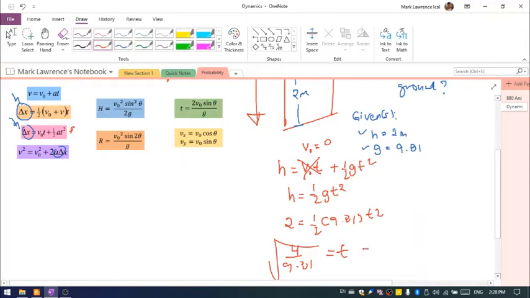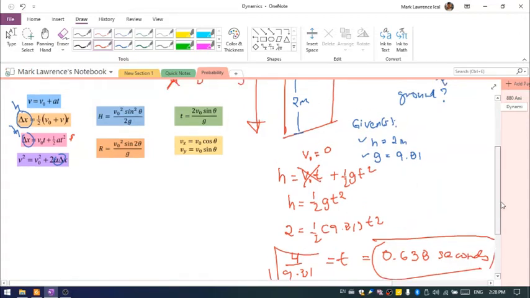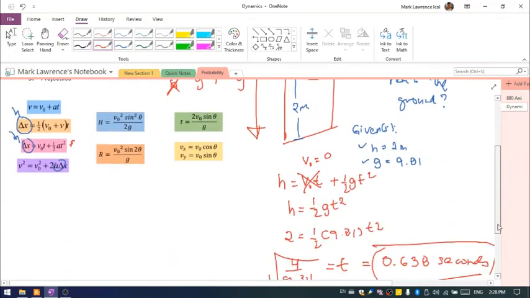The time is 0.638 seconds. So it's quite fast. That's the amount of time.